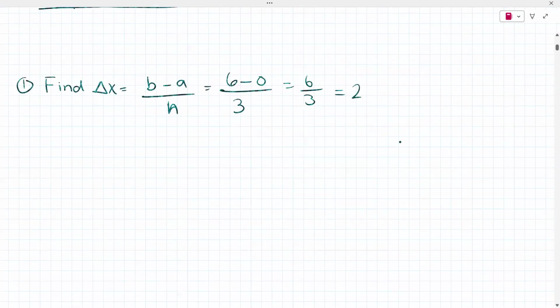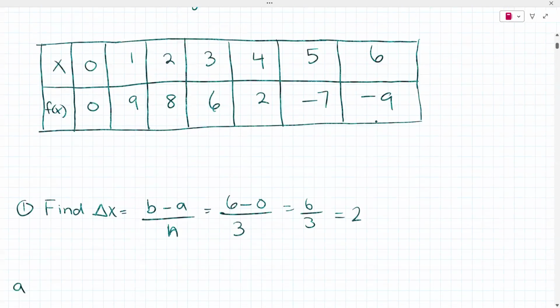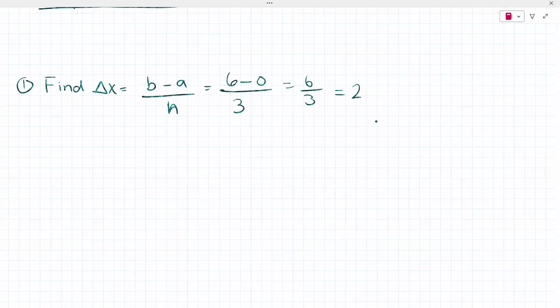Okay, so now we can find the right endpoints. Actually, what I should have done is draw a little rectangle. We're going from 0 to 6, right? If you want to draw it, you should.